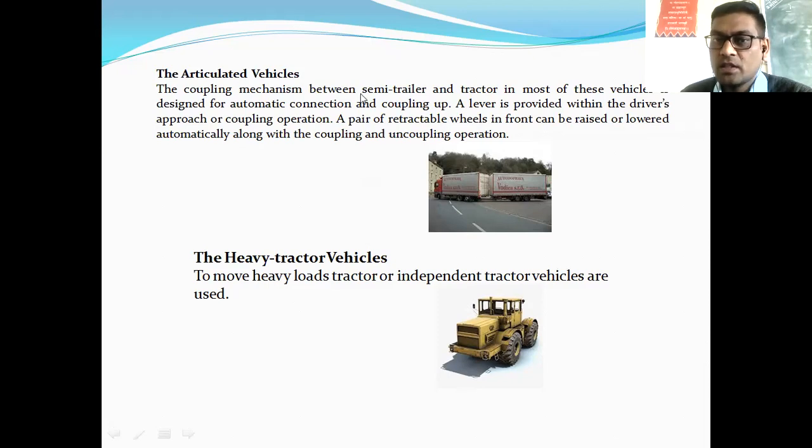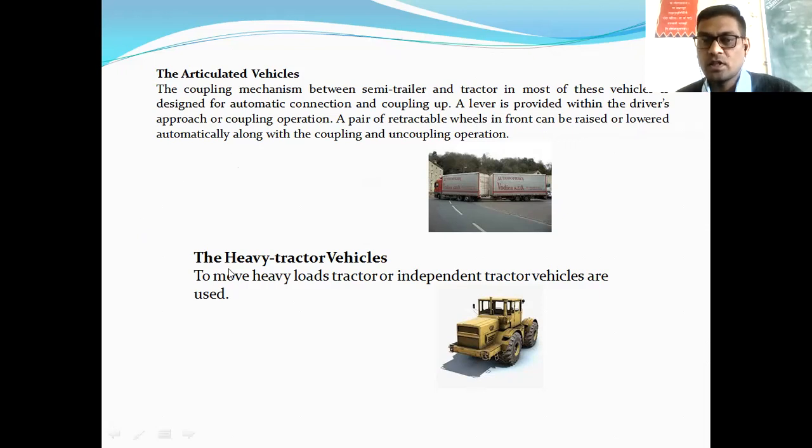The coupling mechanism between semi-trailer and tractor in most of these vehicles is designed for automatic connection and coupling up. A lever is provided for the driver's approach for the coupling operation, so the driver can easily couple or decouple the vehicle. Such vehicles, which can form a unit with the help of a coupling or joint, are called articulated vehicles.